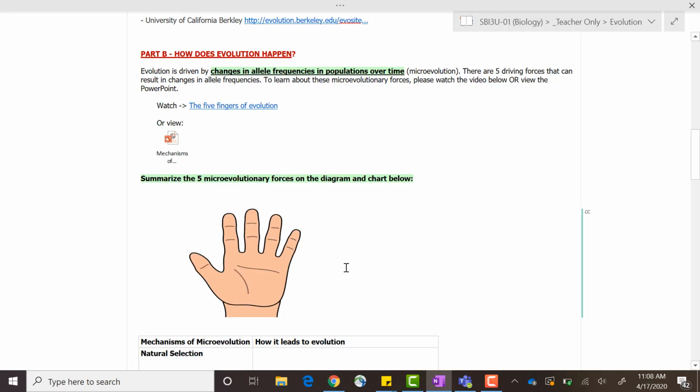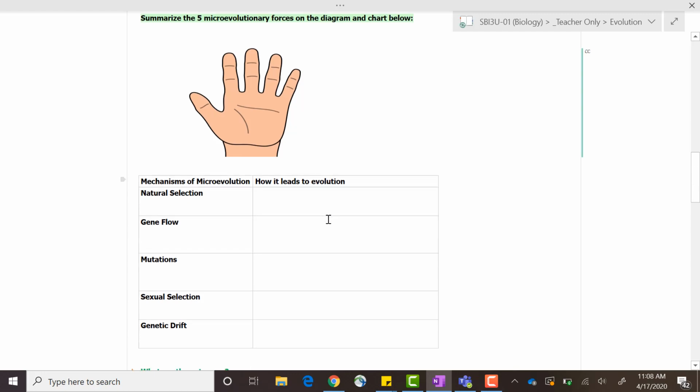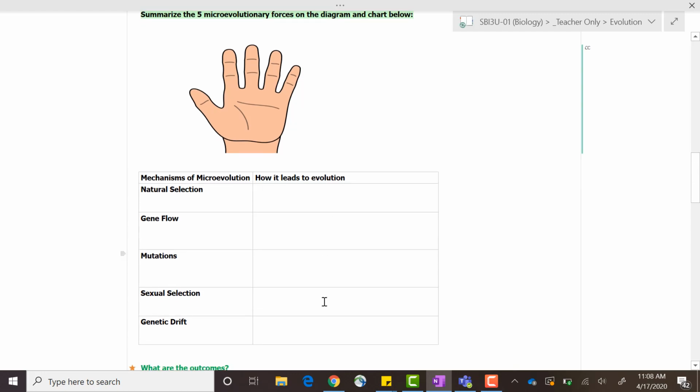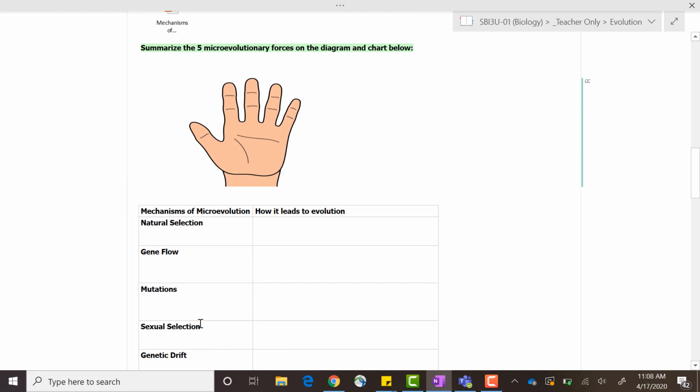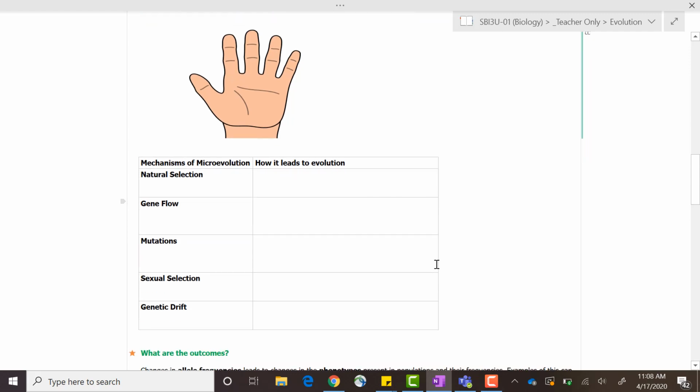What I would like you to do is summarize just quickly what these 5 microevolutionary forces are. Later on in this unit, we're going to explore these 5 forces in more detail, so you don't have to go crazy. Just point form about what this mechanism of evolution actually is and how it would lead to allele frequencies changing.